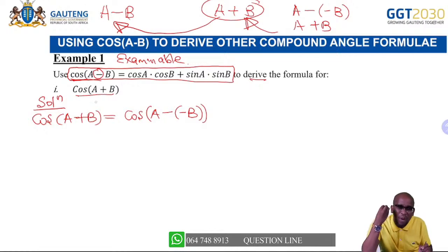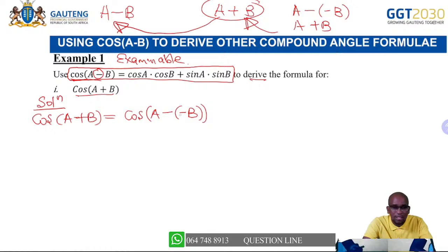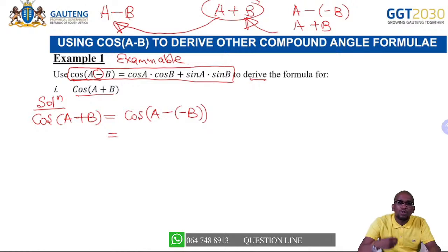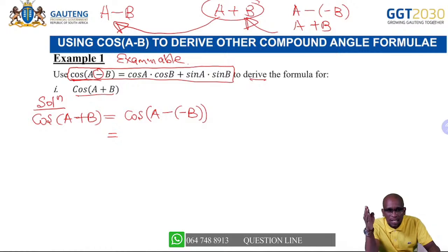So it is best that we make sure that we have a negative like that. We can just take out a negative, and then mathematically it would be negative B. So now you have the difference between two angles. What are those angles? A and negative B.